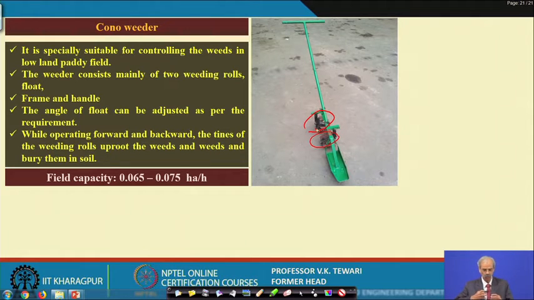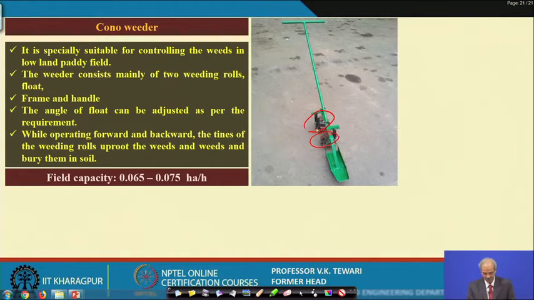There are two cones, just opposite to each other, with sharp edges on them, so that when you move to and fro, they entangle the weeds and the weeds are uprooted. Once uprooted, they float, and by the sun they simply burn and go away. This is how it operates in field conditions.